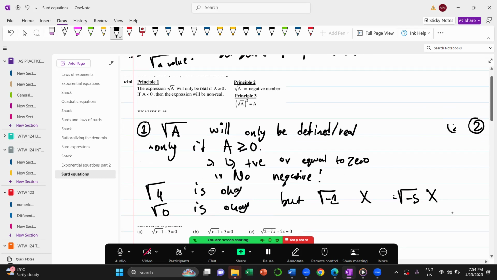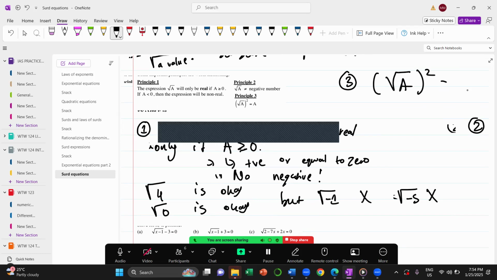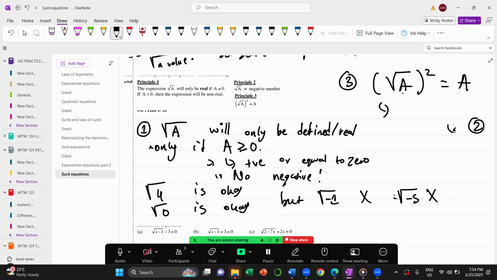Yes, sir. So now there's the third law. It's telling us that the square root of a, all squared, is just going to be equal to a. Where can this come from? We can derive it by laws of exponents. The square root of a is the same as a to the exponent of 1 over 2. Let's take this all to the exponent of 2.